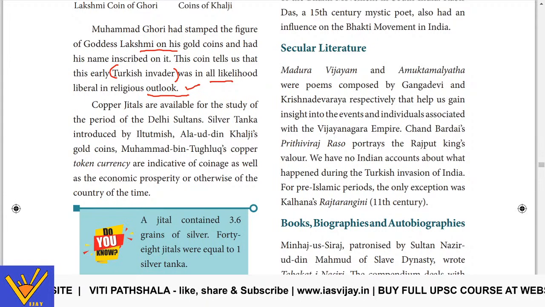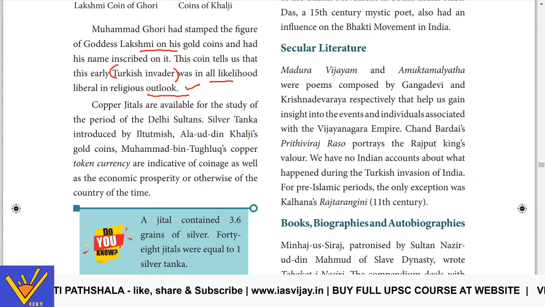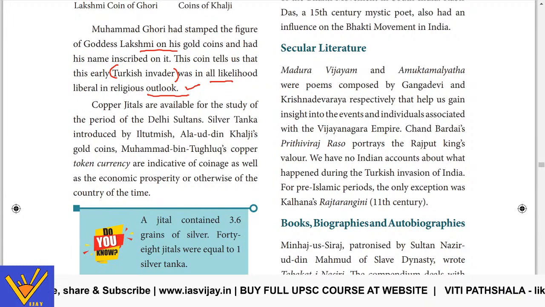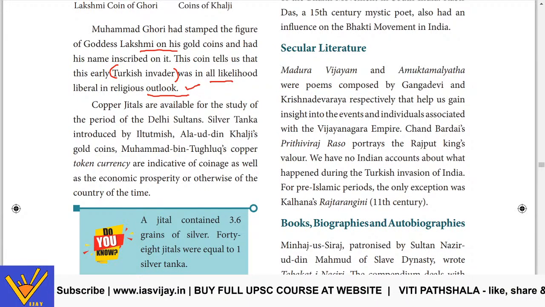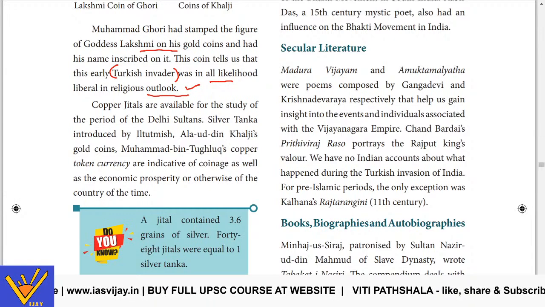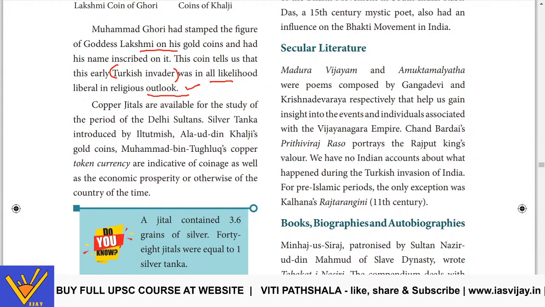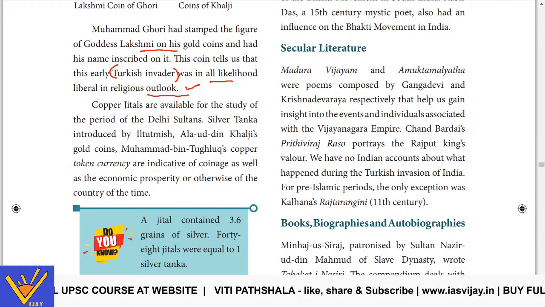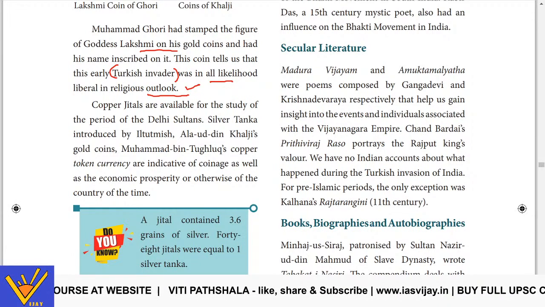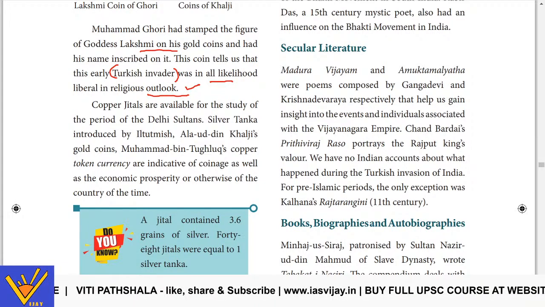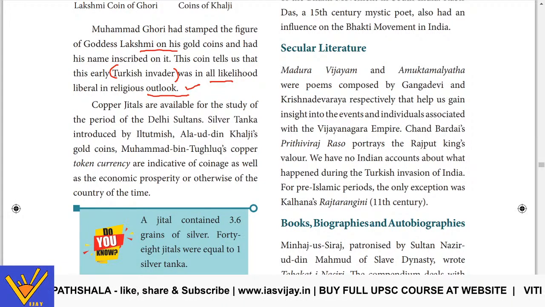Now copper jittals are available for the study of the period of the Delhi Sultans. The silver tanka introduced by Iltutmish, Alauddin Khilji's gold coins, Muhammad bin Tughlaq's copper token currency are indicative of the economic prosperity or otherwise of the country at that time.